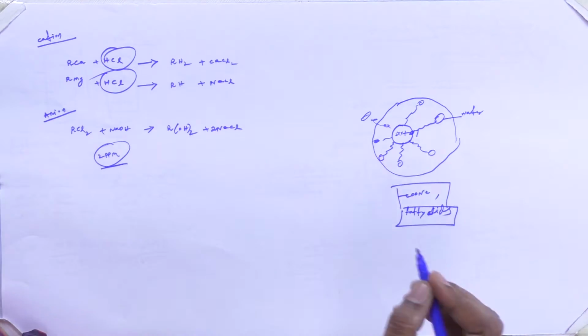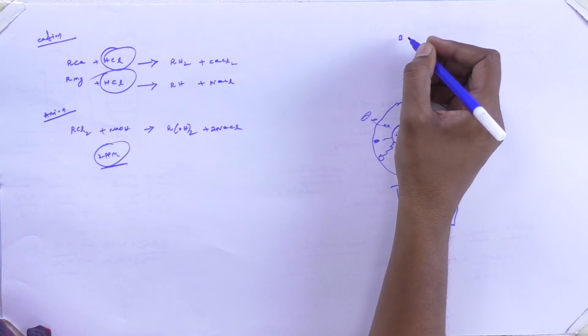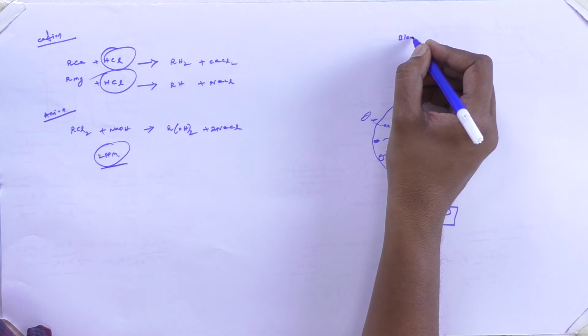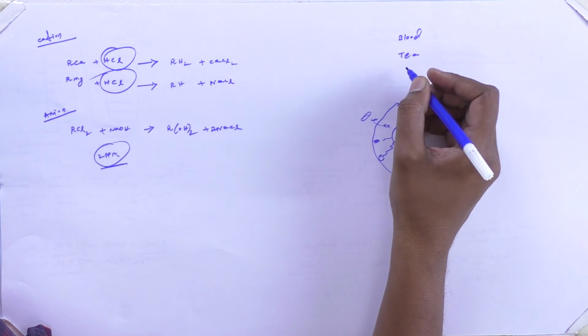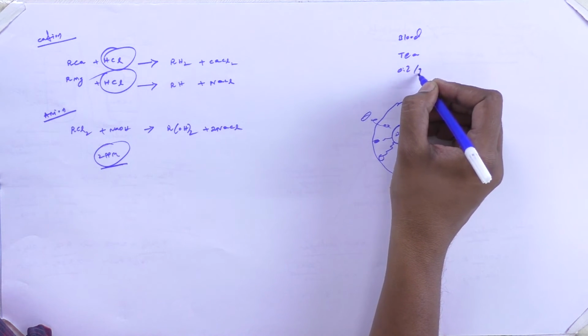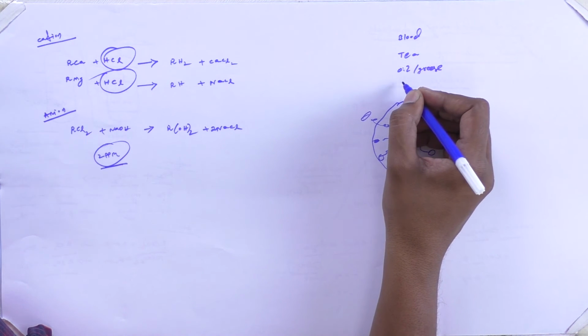Suppose the dirt is not removed by detergent. How do we remove it? No problem, no panic. We have a lot of organic solvents. By using these organic solvents, we easily remove stubborn dirt. For example, suppose your cloth is dirtied by blood, tea, oil, grease or rust.